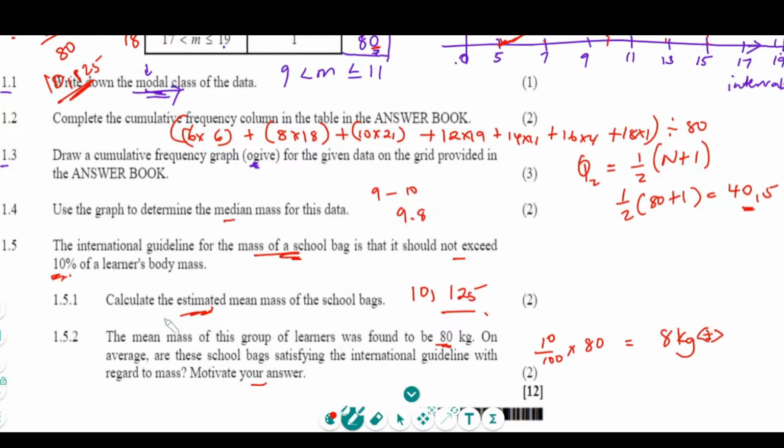But what we've calculated with estimated mean, we are having 10 something. So the conclusion will be, because the question says on average, are the bags satisfying?